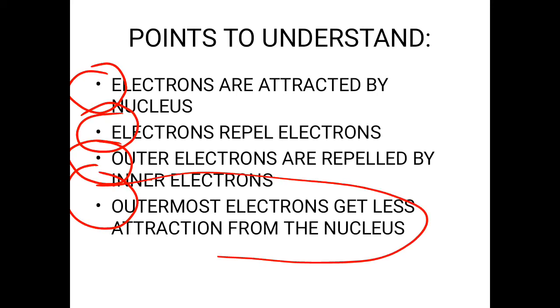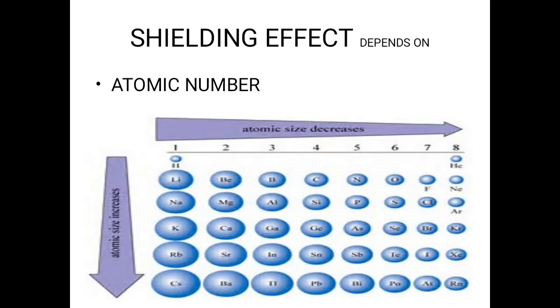This is the definition of shielding effect. Now we see the factor on which shielding effect depends. The answer is atomic number. It means more atomic number, more shielding effect.